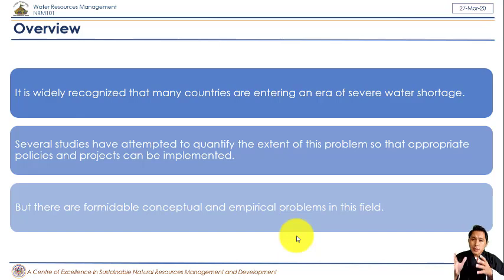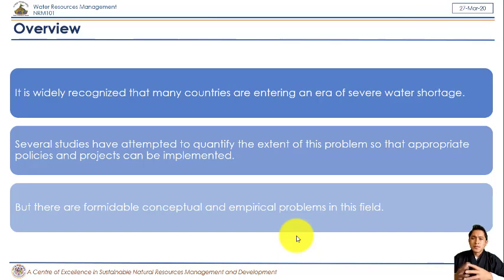And the good thing is that lots of stakeholders, lots of countries are coming together to solve this issue together. However, there are lots of challenges that are left to be solved.